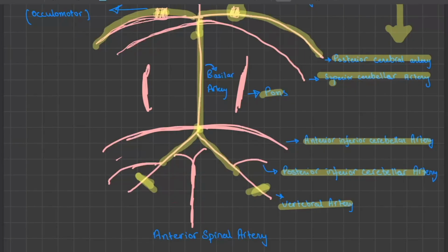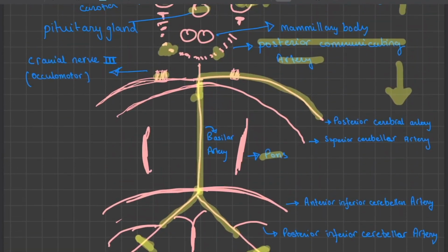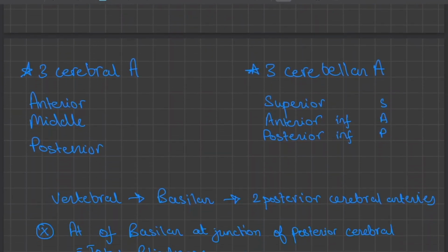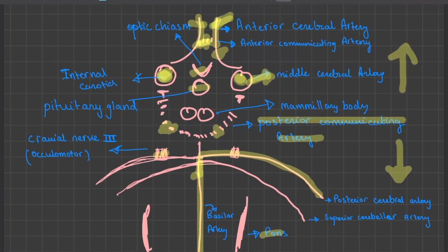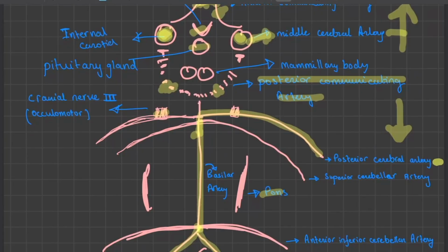A good way to remember these arteries is that we have three cerebral arteries, which are the anterior, middle, and posterior, right? And they're right over here. The anterior cerebral artery, the middle cerebral artery, and then right here we have the posterior cerebral artery.